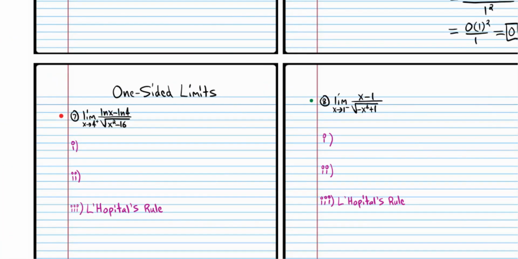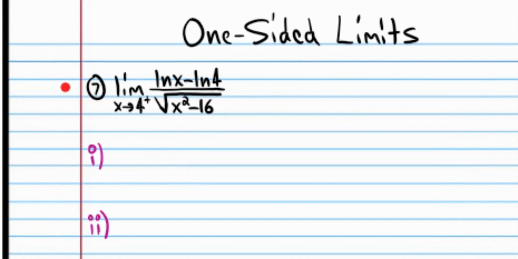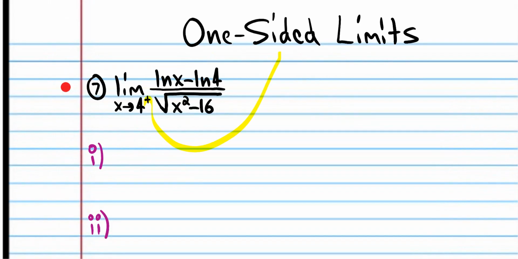So we have a one-sided limit. Why? Because we have that plus sign. That means x is approaching 4 from the right. But there's a big question that students will have, and that is why do we need a one-sided limit? I mean, what's the point?